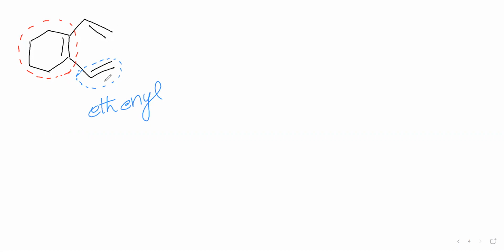Both are the same. Now we will give numbering to the root word. Here number 1, here number 2. So now we will say the name of this one. This is ethenyl. This ethenyl is present 2 times, therefore diethenyl. This position is number 1, this position is number 2, so 1,2.